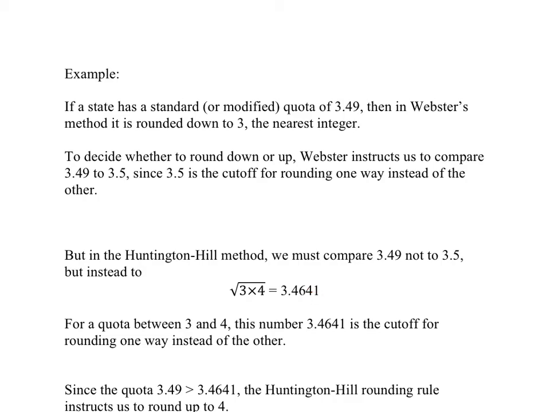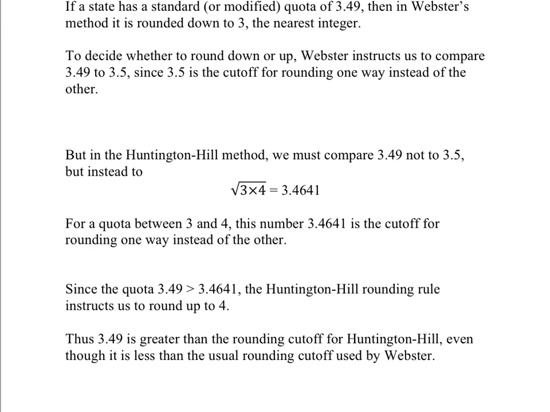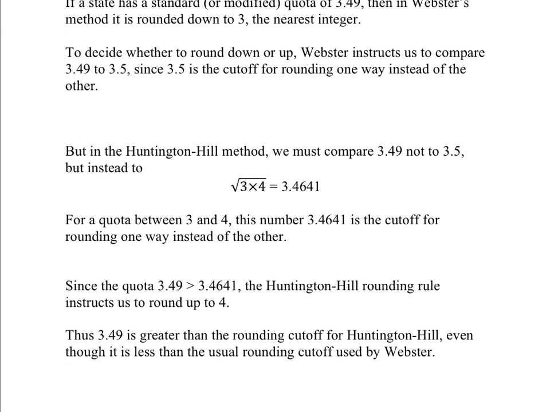That's the cutoff for rounding one way versus the other. So here the quota of 3.49 is greater than the Huntington-Hill cutoff, so the Huntington-Hill rounding rule says round up. Our quota is greater than the rounding cutoff, so round up.